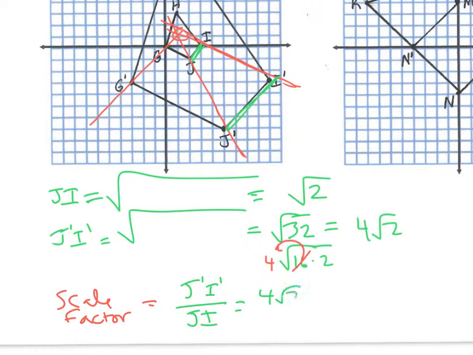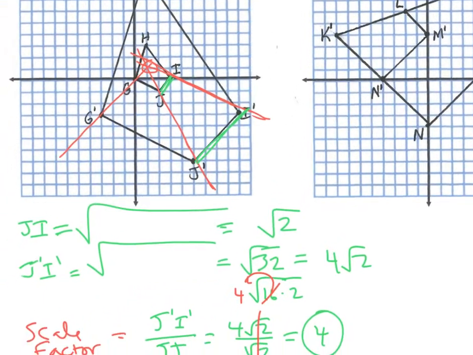So I'm going to have 4 radical 2 over radical 2. The radicals cancel because I have the same thing in the top and the bottom. So my scale factor is ultimately just 4, or 4 to 1. And that should make sense if you're looking at it. The image is 4 times as big as the pre-image. Okay? Hopefully that helps you.